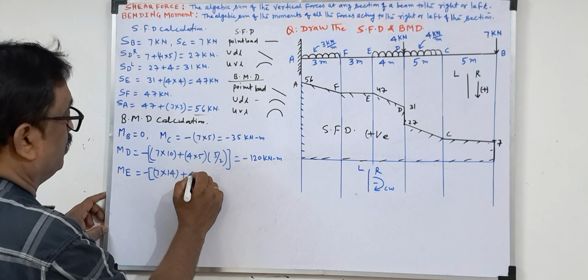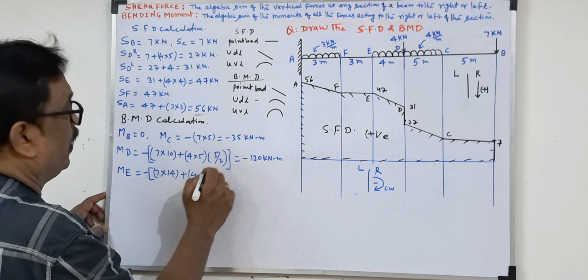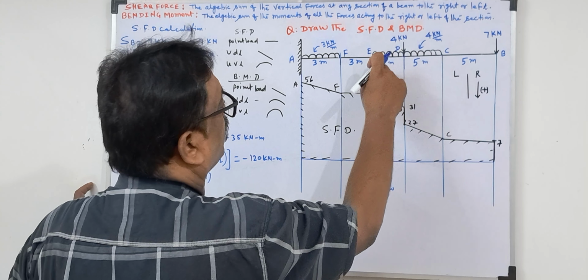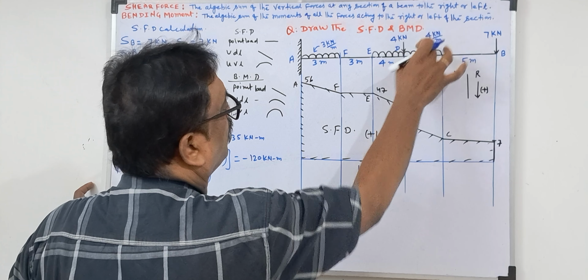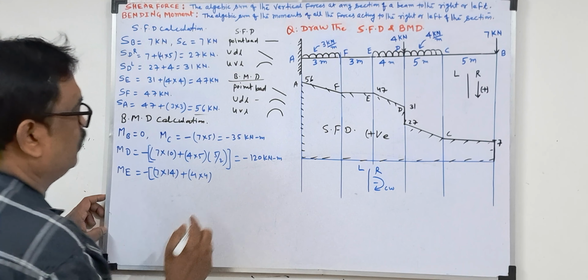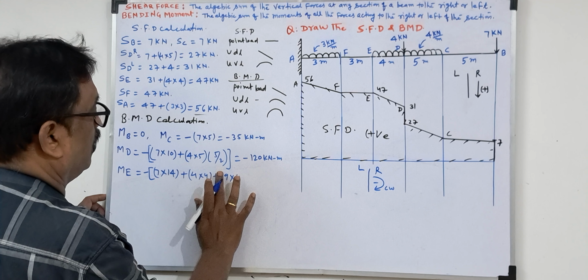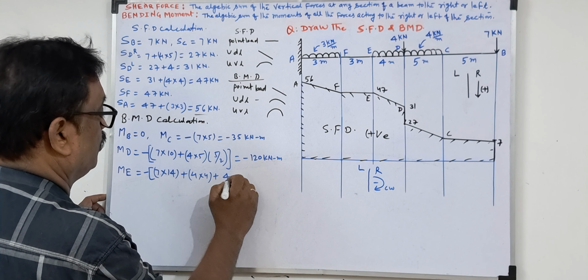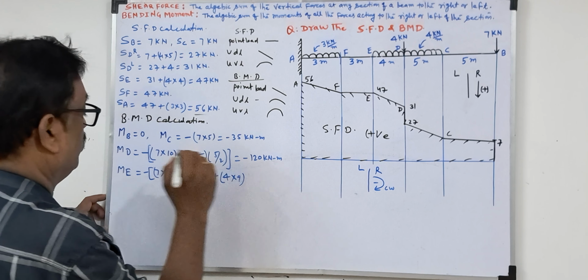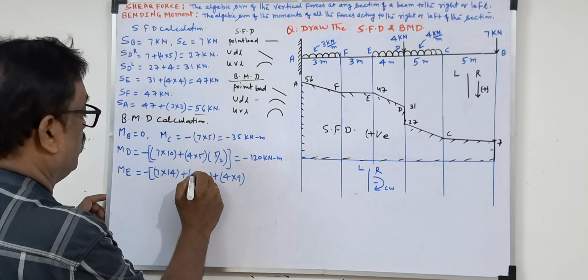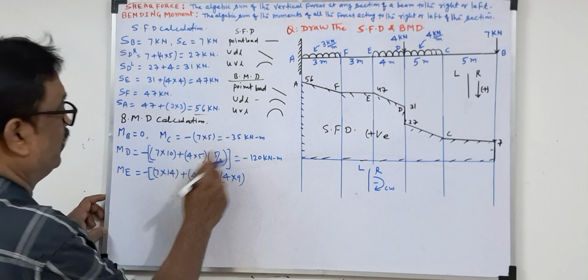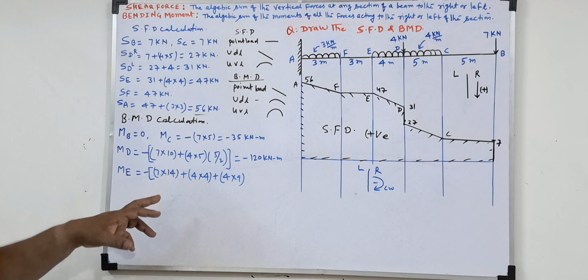Point load is nothing but 4 into 4. Now UDL, first the load: 9 into 4, or write force into perpendicular distance, 4 into 9. Both are the same, but somewhere I am writing it like this, so take care, okay?